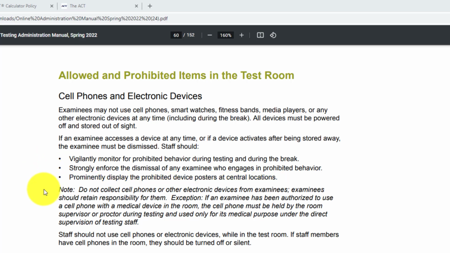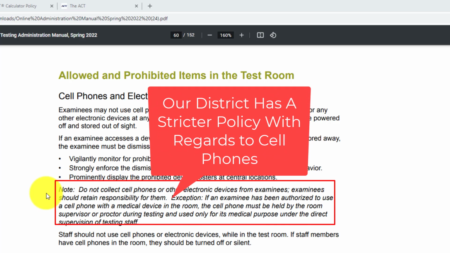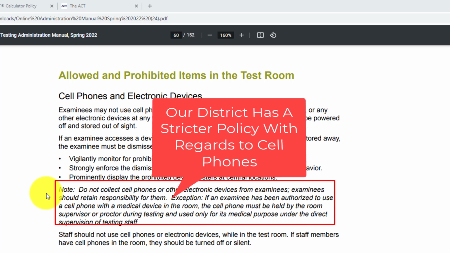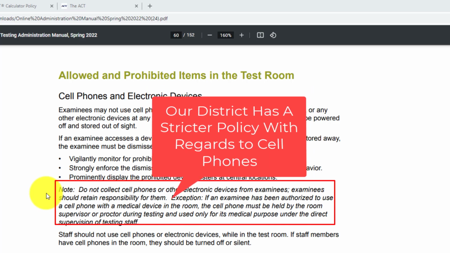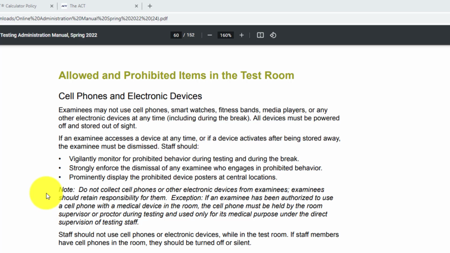Now, before I go to the note, remember the ACT states that districts may have a stricter policy, and if it is a stricter policy than what ACT has, then our students must abide by the stricter policy.